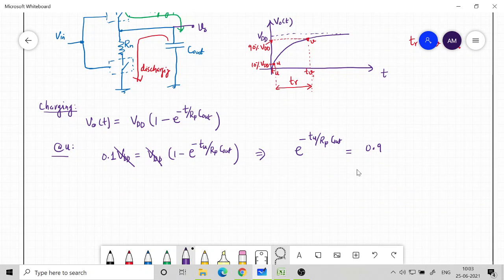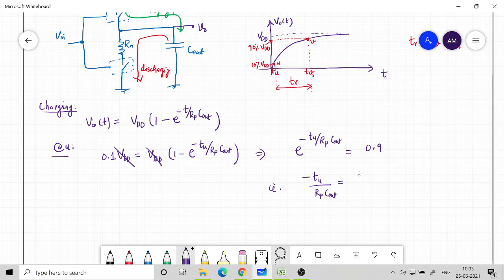So now if I take logarithm on both sides, I will have TU by RP C out is going to be logarithm of 0.9.